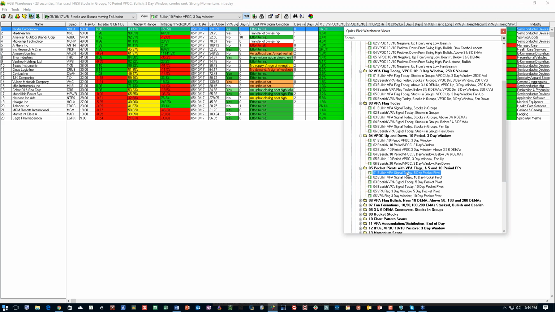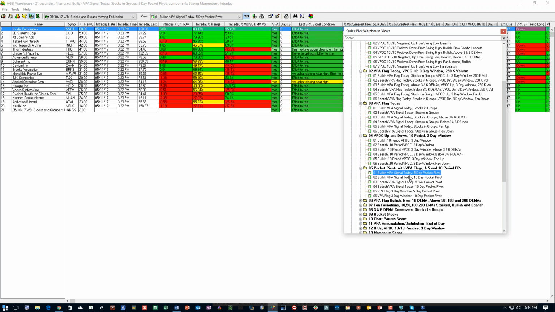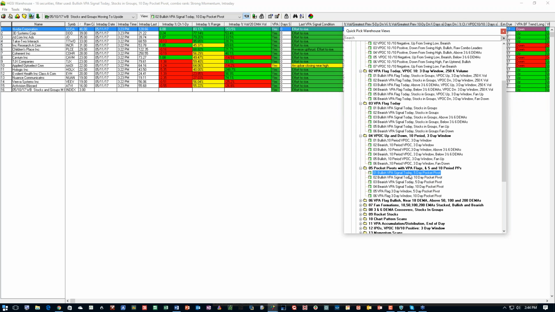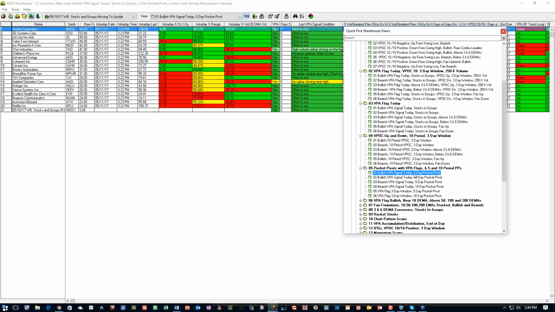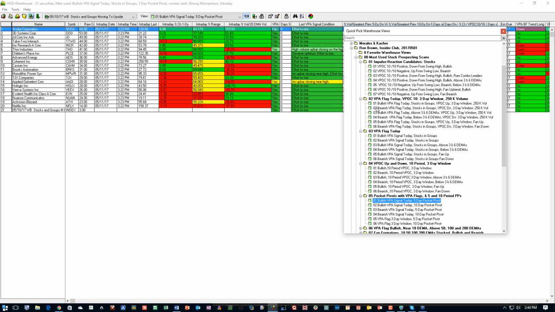Here's another one, pocket pivots with a 5-day pocket pivot or a 10-day pocket pivot. There is a slight difference, as you can see. These are the triggers that I'm using. These are the triggers that I talked about today. We'll talk about this other stuff in the future, but these are the ones I want you to concentrate on.